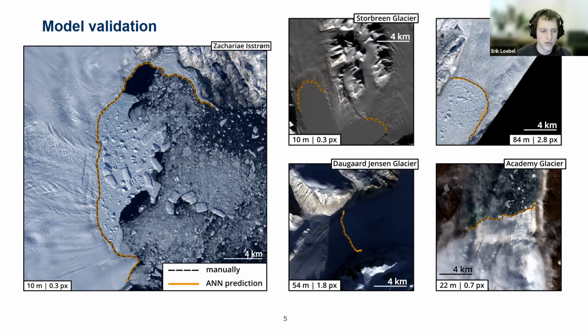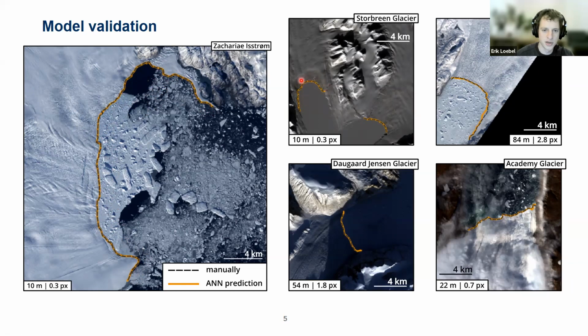We also have denoted on those images the mean distance between those two trajectories in meters and in pixels. And we see here already on this image that the automated delineation works quite perfectly, because we have an open ocean part, a transition to ice melange, icebergs, and different ice melange conditions, and the algorithm works very well in detecting all these different patterns and delineating the calving front accurately.